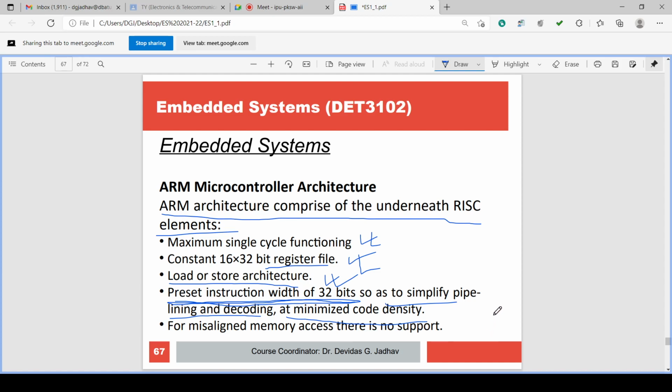There is a meaning for each and every instruction. Each instruction is saying something, asking the microcontroller to do something. Suppose a move instruction is there. What is it saying? It is saying that one register content is to be moved to another register.